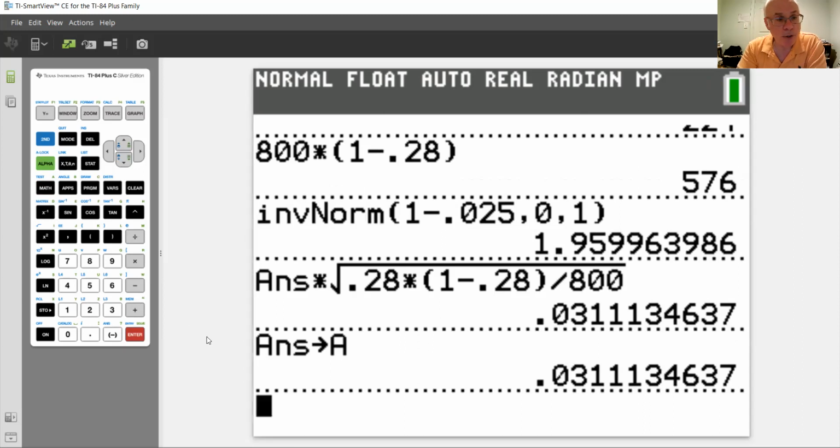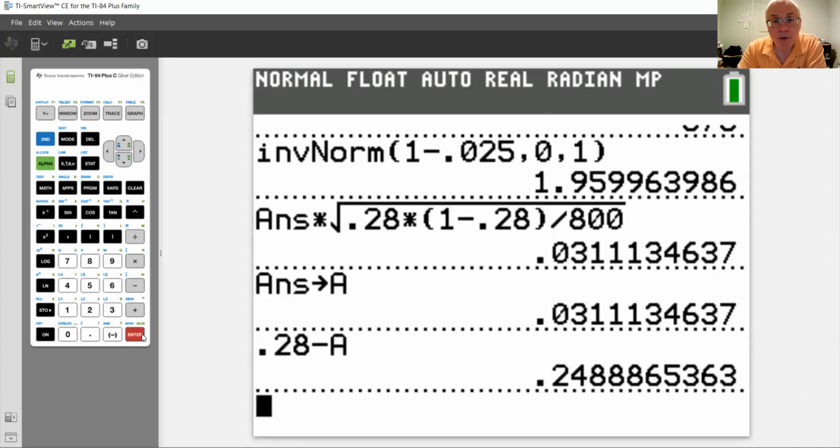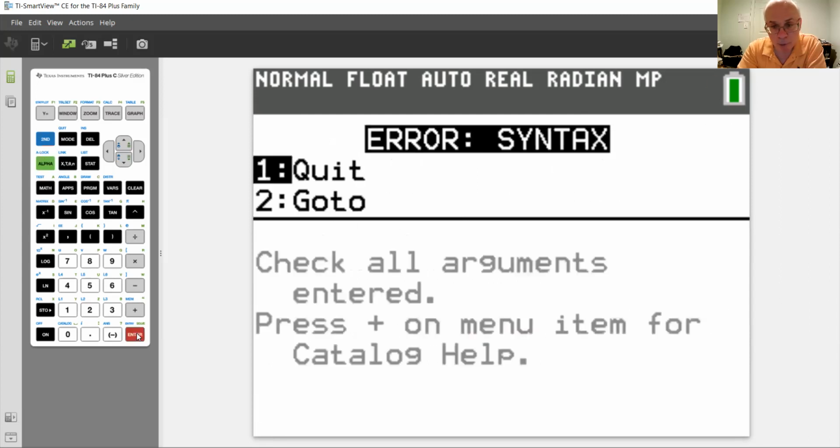So 0.28 is our sample statistic, sample proportion, and I'm going to subtract A. There's our left endpoint for the confidence interval, and then 0.28 plus A. That gives me my right endpoint of the confidence interval, but it didn't let me do it.